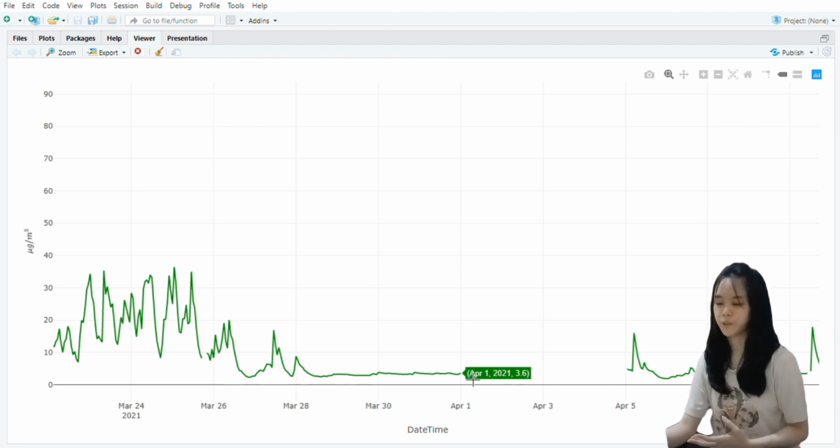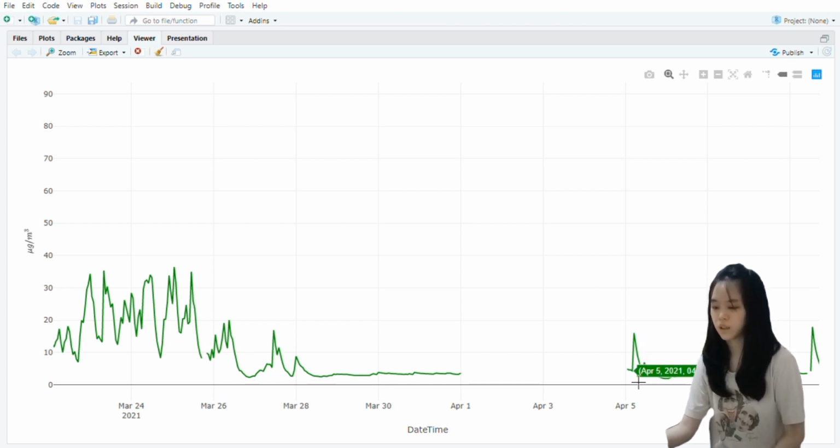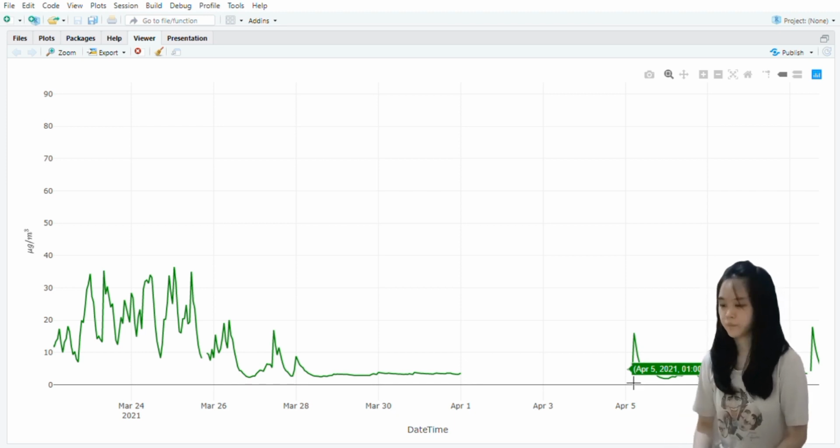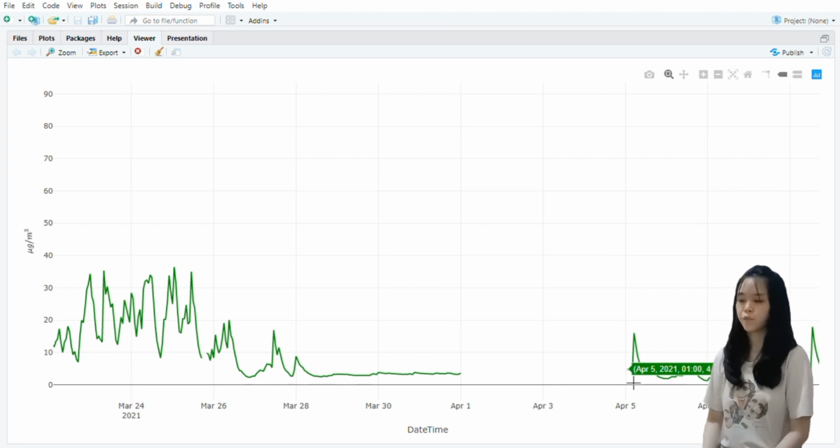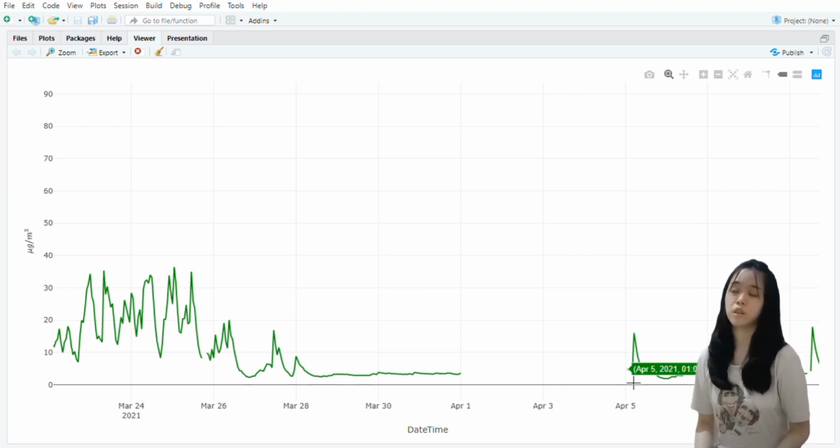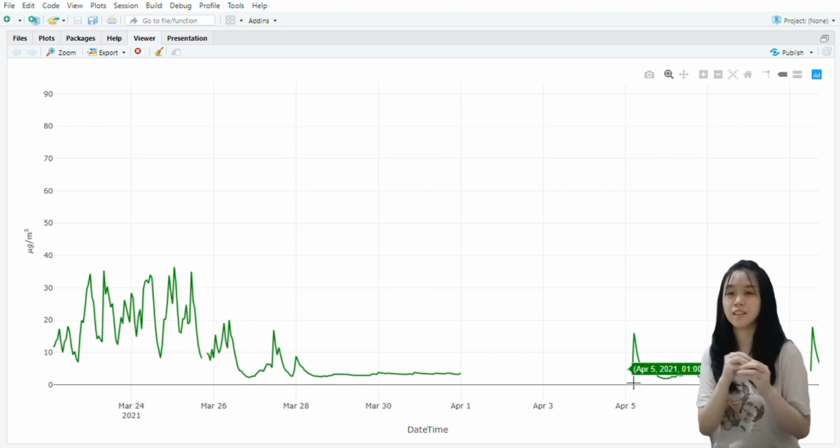While here, we see that the sensor went off on April 1st at midnight, and only got back on April 5th. So we have 4 days of missing data, equal to 96 data points in a row.